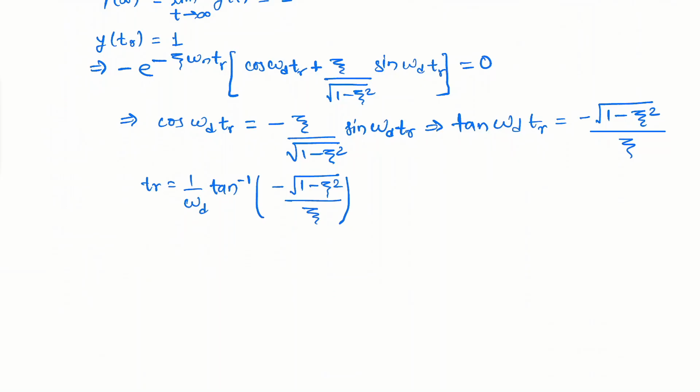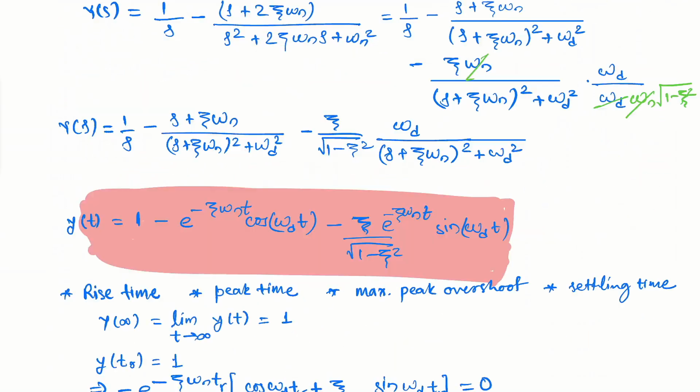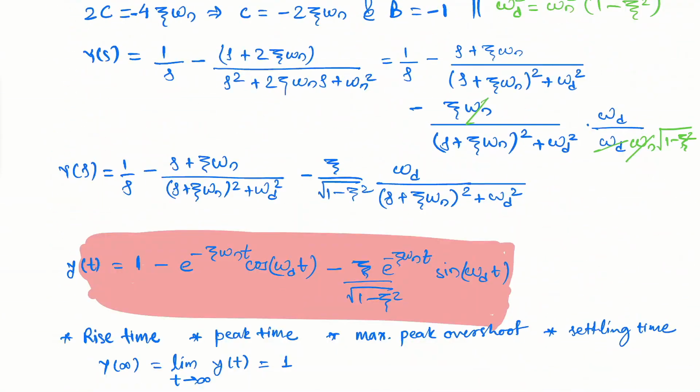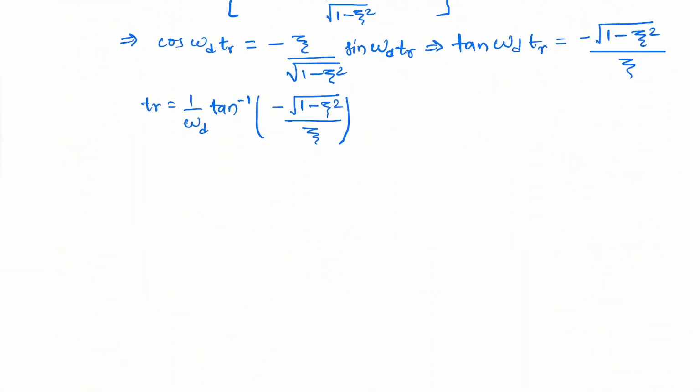In the classroom, if you remember, we would have also done a definition of beta such that cos beta is equal to zeta.